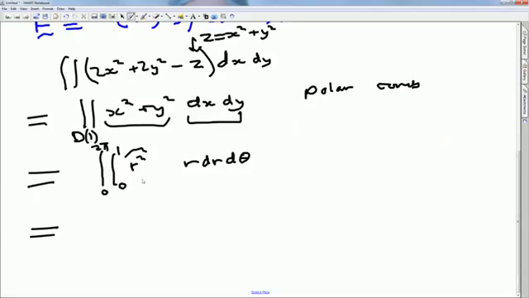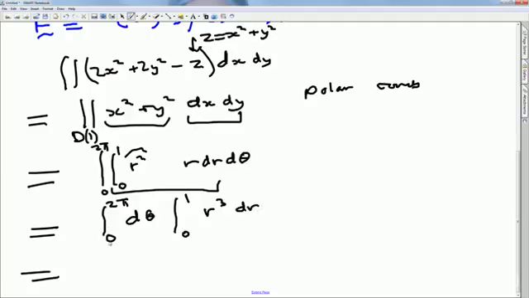Notice that the integrand here is just r cubed, so we can split it up. Since there are no thetas in this middle bit at all, we can factorize the whole thing out. So this is called a separable double integral.